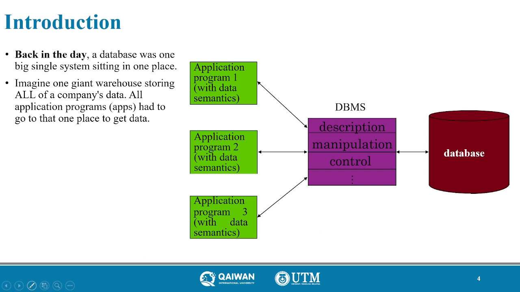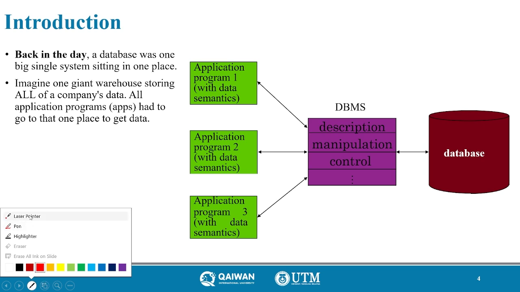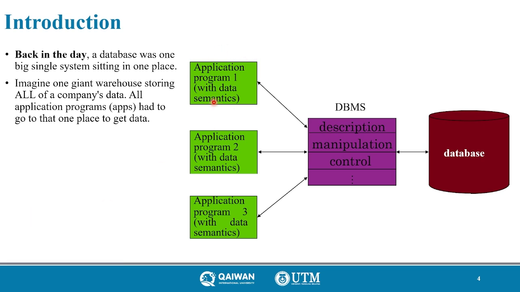Now we have application 2, application 3. We have database management system and we have the actual database. The DBMS, database management system, would be the software for managing, manipulating, controlling, and describing the database.